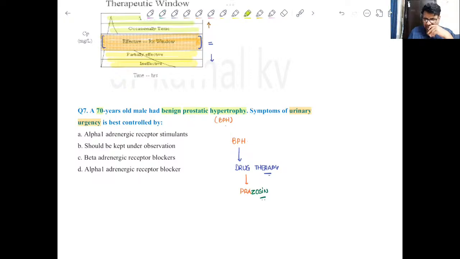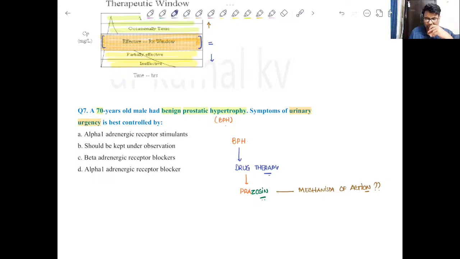Now what is the mechanism of action? Yes, tamsulosin. So what is the mechanism of action of these drugs?